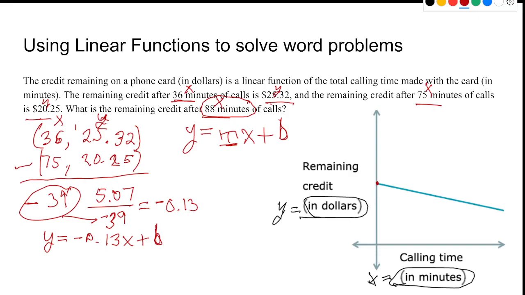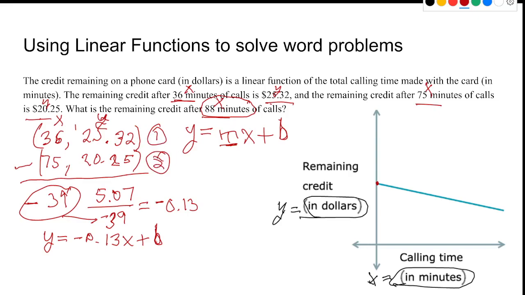Maybe it's a $30 card, maybe it's a $40 card. We could probably figure that out. But what we can do is take one of the points, here's point 1, here's point 2, and we plug it in.